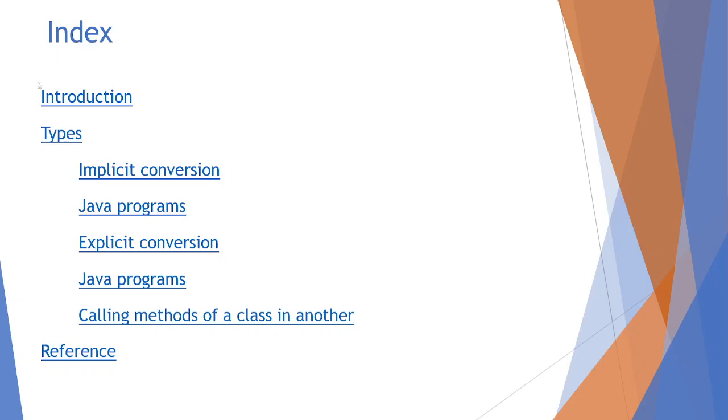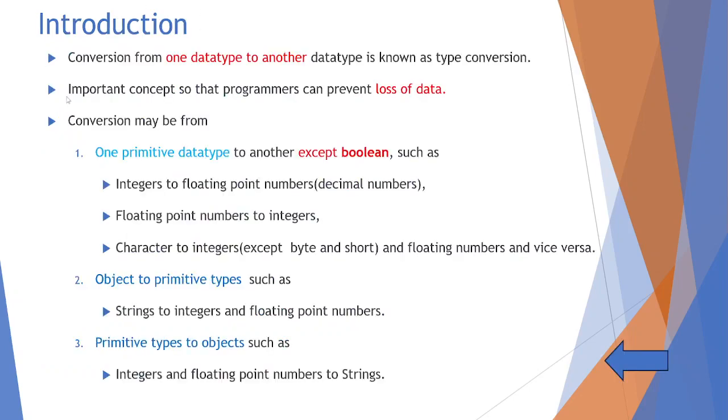Introduction. Converting a data type to another data type, from one data type to another, is known as type conversion. This is a very important concept so that programmers can prevent loss of data or guide the computer.